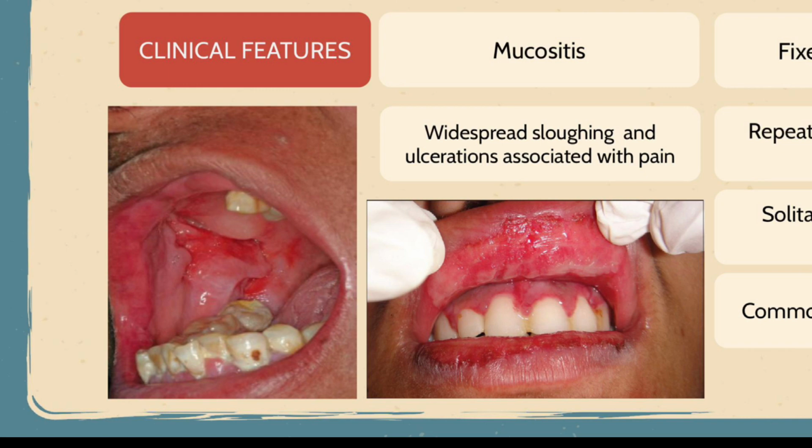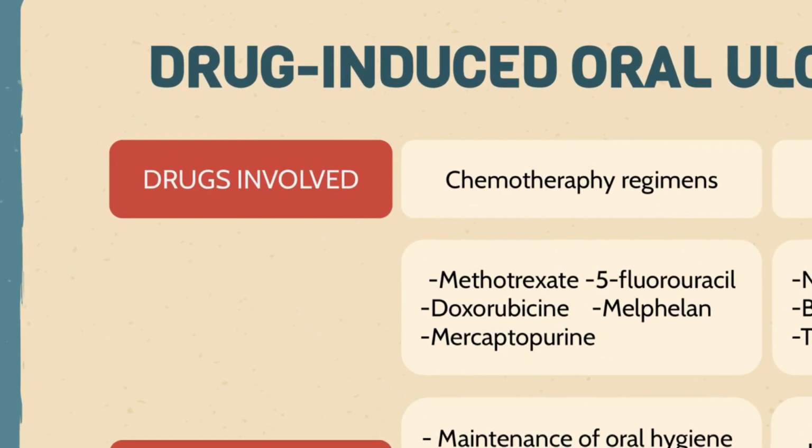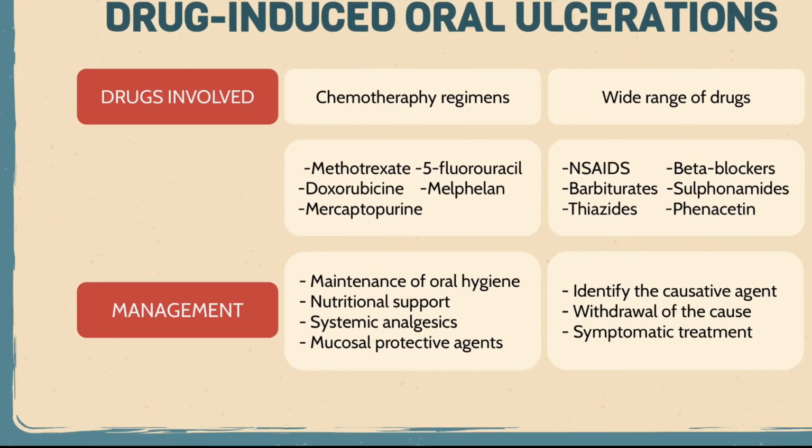Widespread sloughing and ulceration arise within days of commencing therapy, with the associated pain often requiring opiate therapy and alteration or cessation of chemotherapy. Examples of the drugs are methotrexate, 5-fluorouracil, doxorubicin, melphalan, and mercaptopurine.